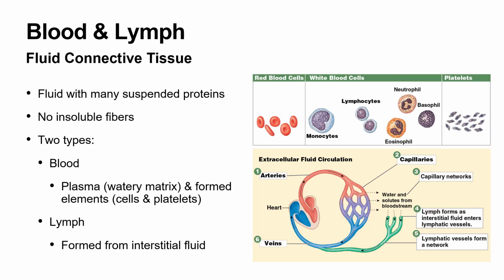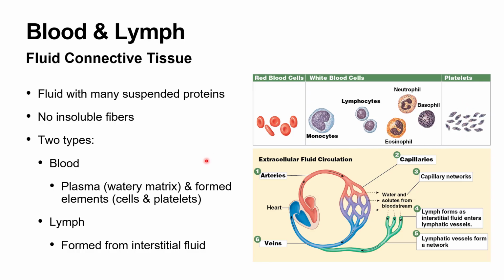So our fluid connective tissue is going to be made up of our blood and lymph tissue. So we end up having lots of fluid flowing throughout the body with many different suspended proteins, especially things like platelets as well, found all throughout our blood that we see here.